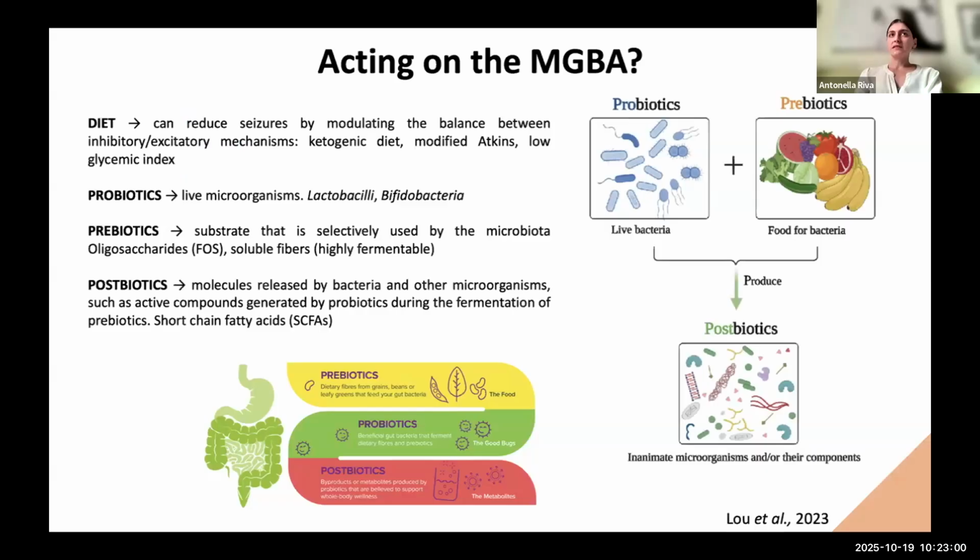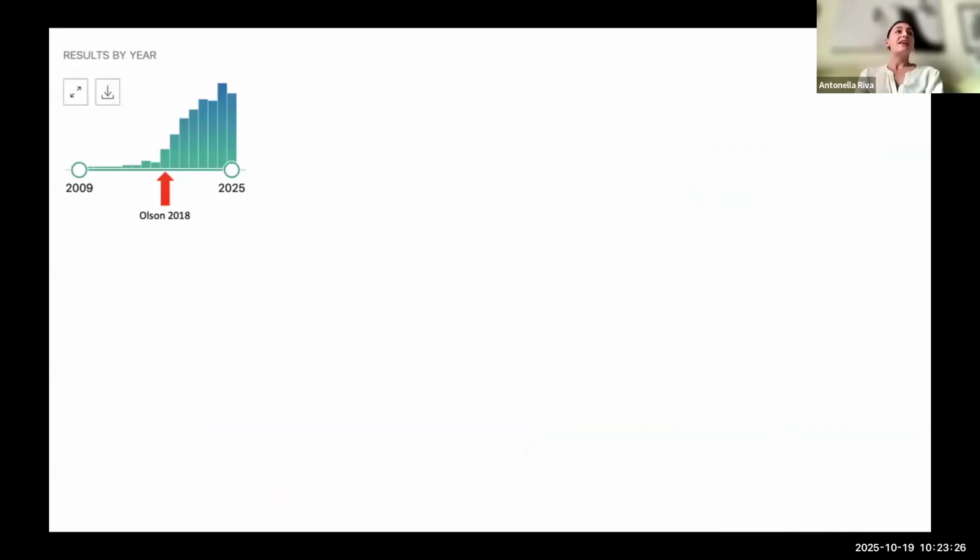The prebiotics are the substances that the bacteria are using to live, for example, soluble fibers, and the postbiotics are the products that the bacteria make when they use their substrates. And they are basically just substances that we have seen, so the short-chain fatty acids, butyrate, which can be found in the blood.